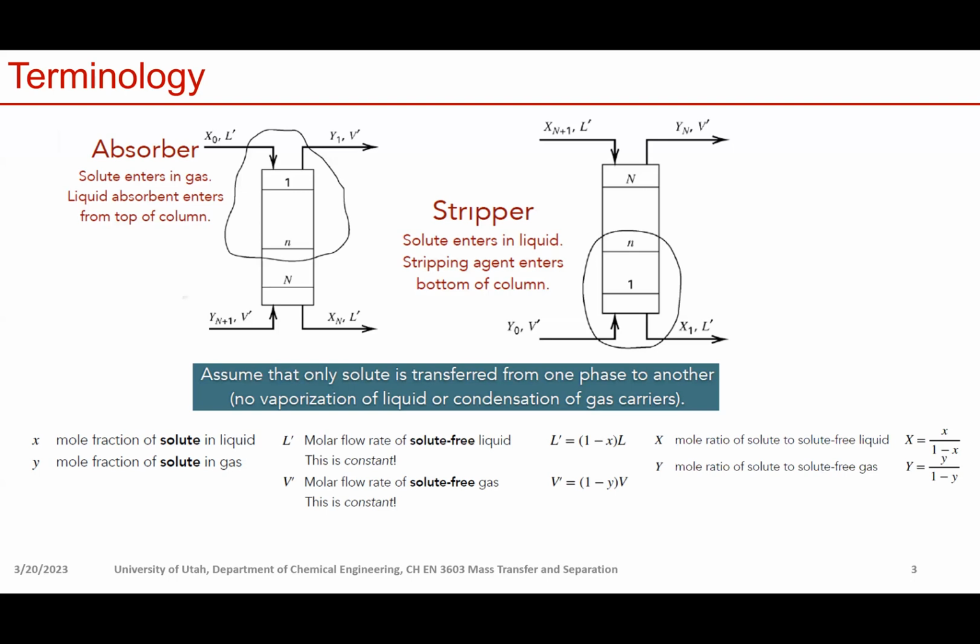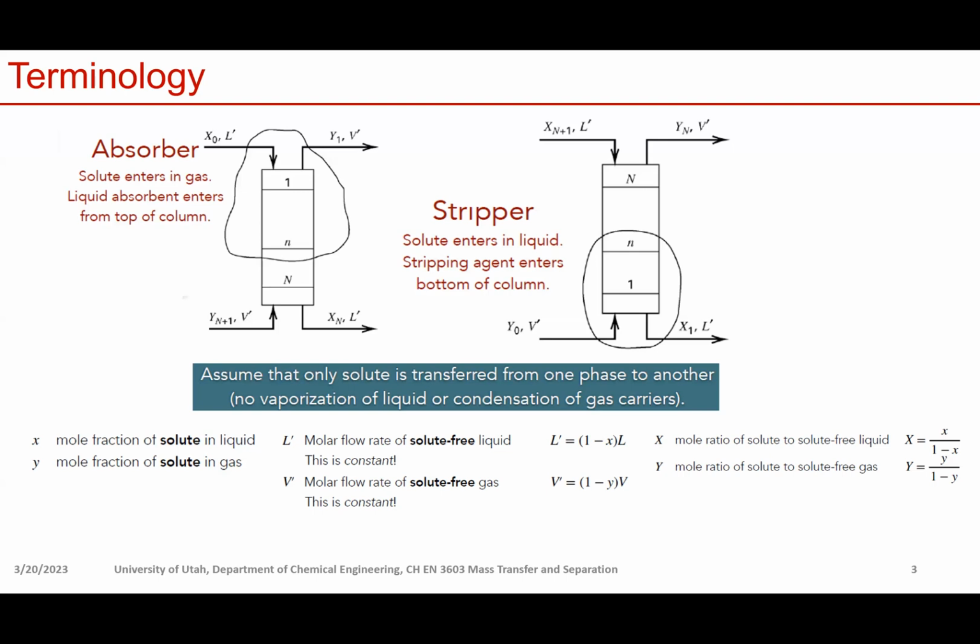And the mole ratios are dependent on the mole fractions by this equation. So the mole ratio of solute to the solute-free liquid is just, in the liquid stream, the mole fraction of the solute divided by the mole fraction of the solvent, which is 1 minus x for a binary mixture. And the same goes for y.